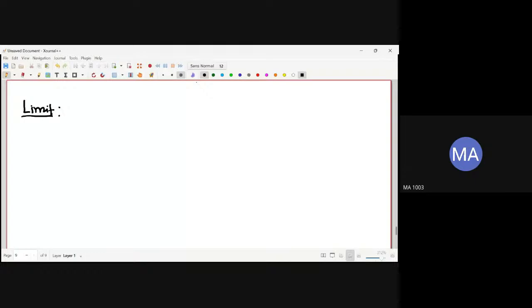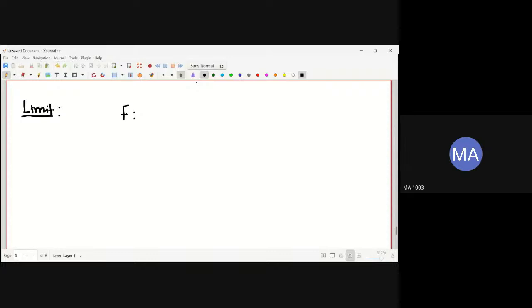So suppose you have a map from R to R, right? So if you see, this is your line. This is the domain, and this is the codomain.